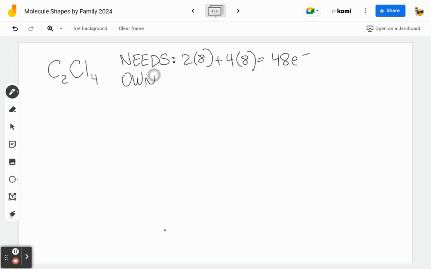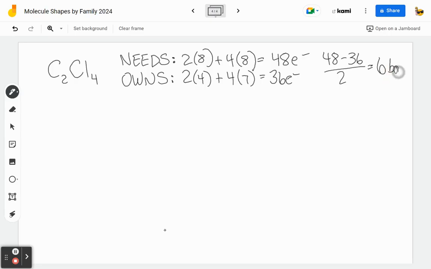What I own is each carbon owns 4, and each chlorine owns 7, for 36 electrons. Needs minus owns over 2 tells me that I need 6 bonds.